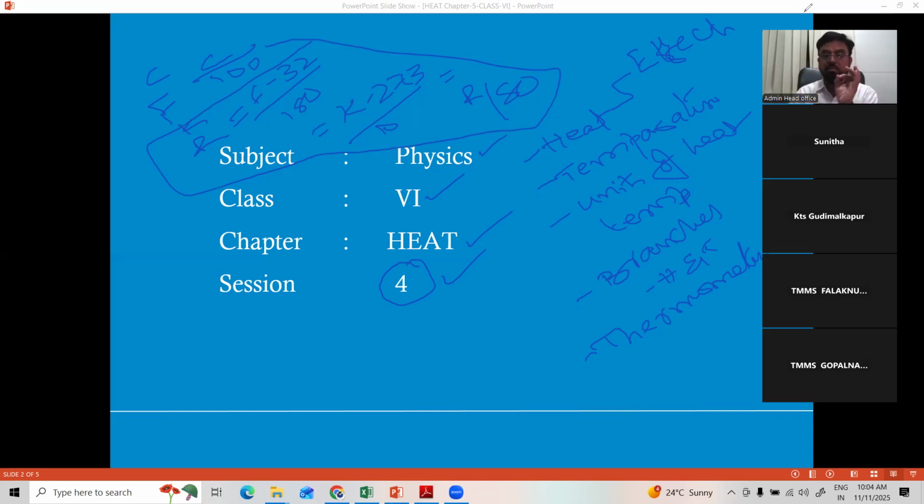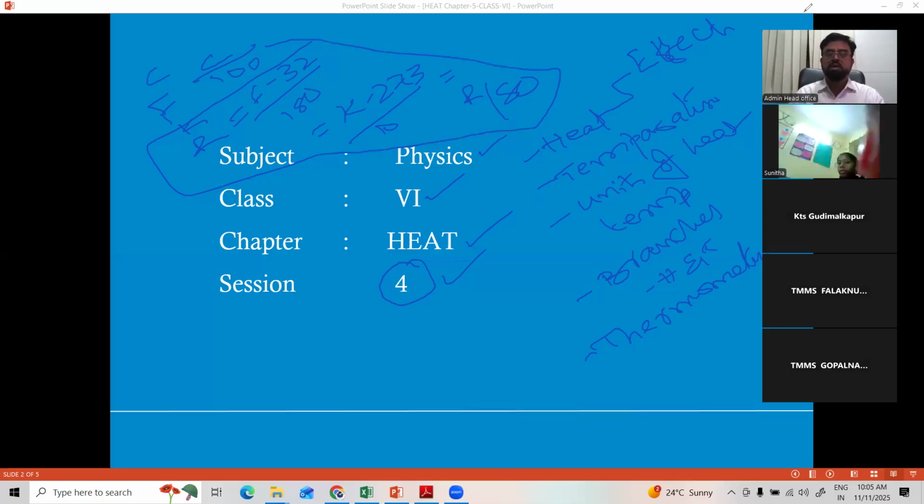That is called thermal equilibrium. There are a lot of effects of heat. There is physical change and chemical change. When you heat any body, it may undergo physical change: size, shape, dimensions will change. Similarly, it may undergo chemical change. When you heat any chemical, it gives us a new product.